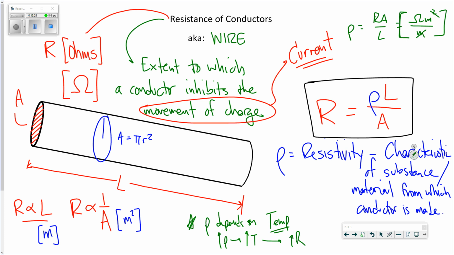We don't need to know a quantitative relationship there. You just need to know that if conductors get hot, their resistance goes up because their resistivity goes up. You may have heard of superconductors, which have to be cooled way down to lower resistivities.